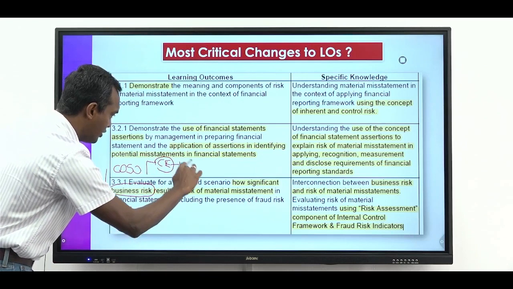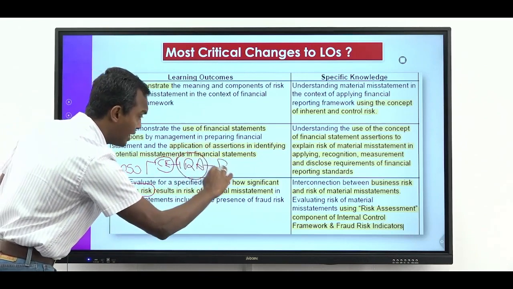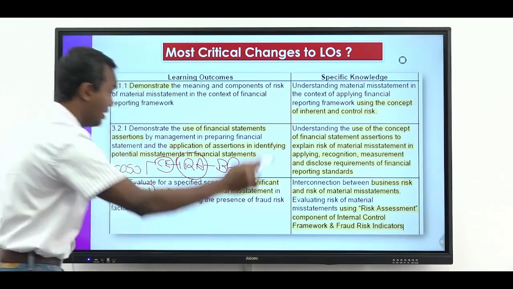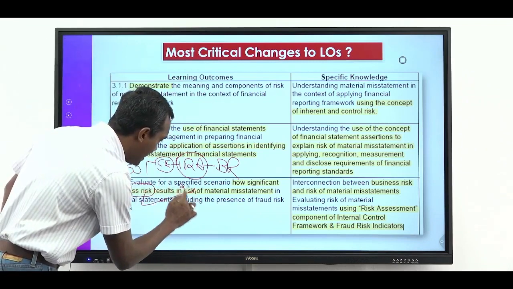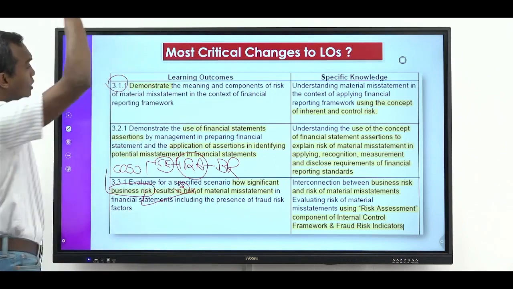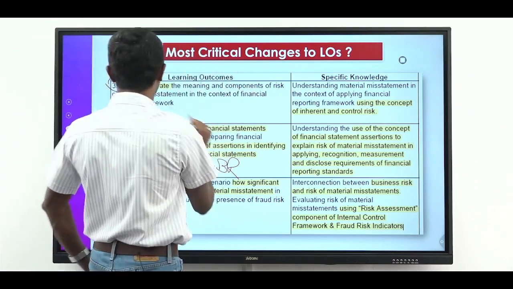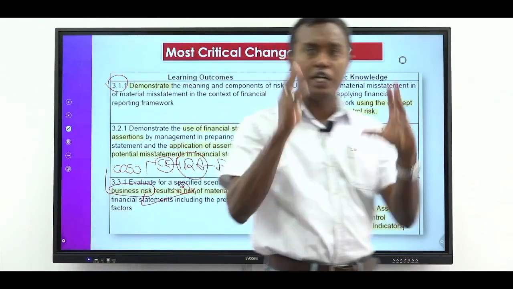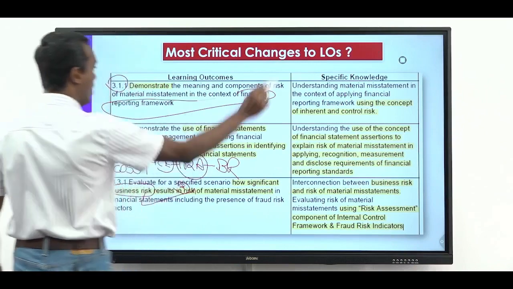The next step is to do a risk assessment. In this risk assessment, if there is any business risk, whether that business risk is going to result in a risk of misstatement. So your understanding of what is risk of misstatement is the key, and that is the very first learning outcome. Demonstrate the meaning and components of risk of misstatement, not in the context of auditing, but in the context of FRF. So what is FRF?